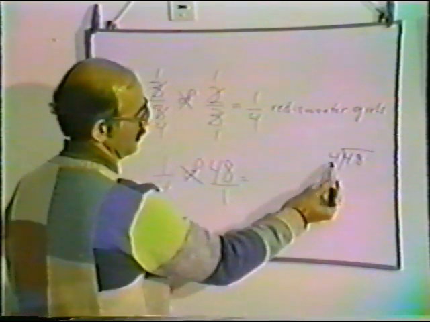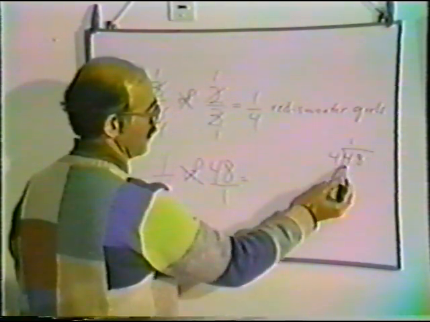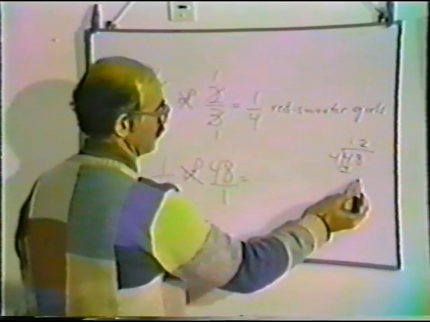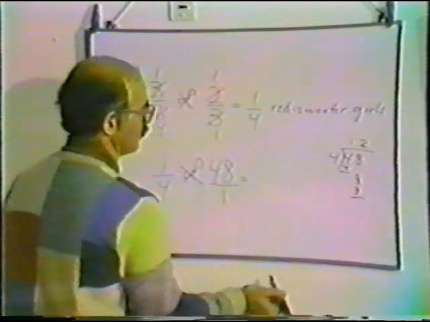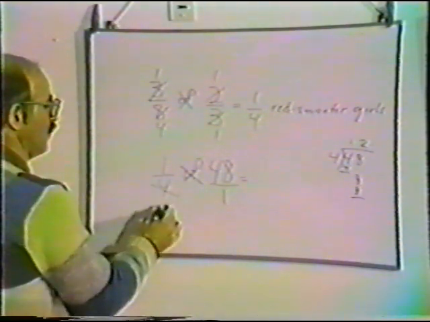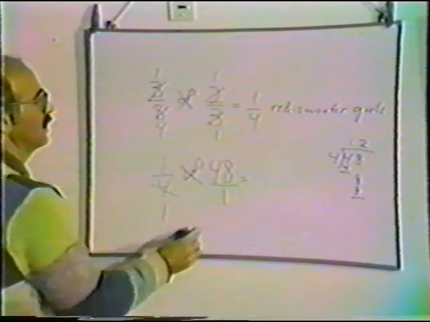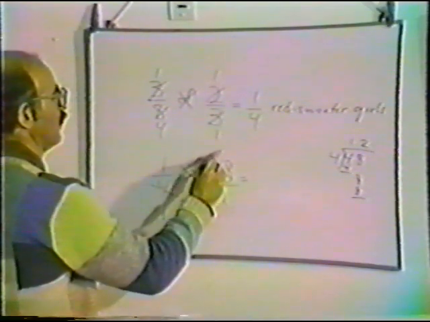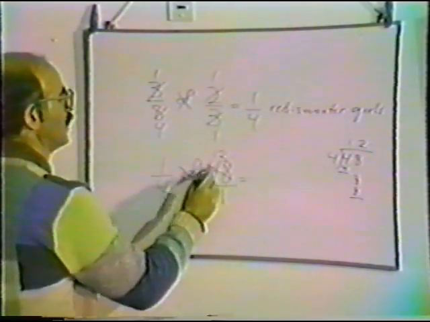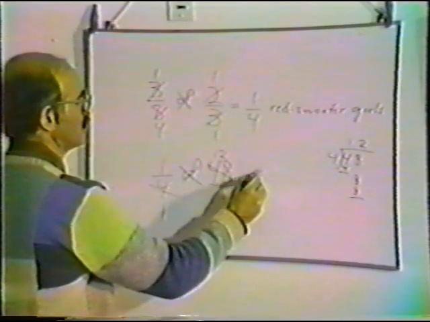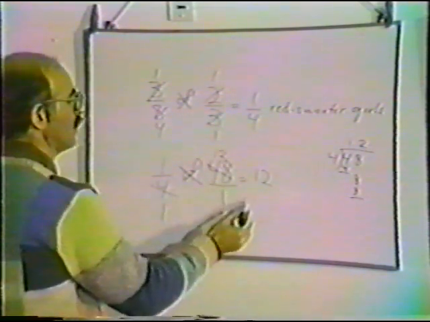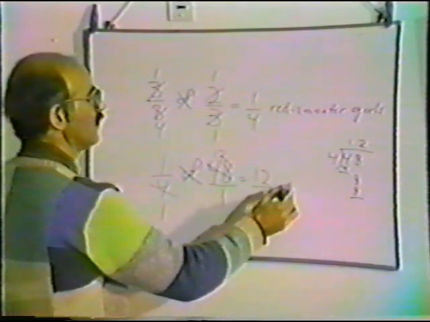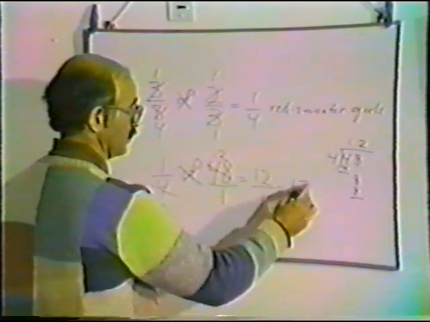Yes, it does. 4 into 4 goes once. 4 into 48 goes 12. 1 times 12 is 12, and 1 times 1 is 1. And 12 over 1 is 12.